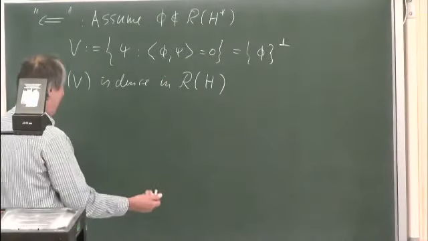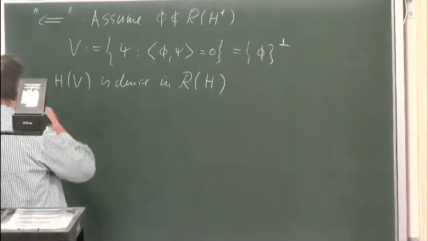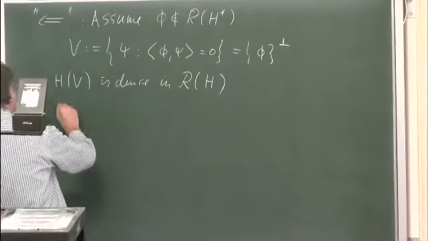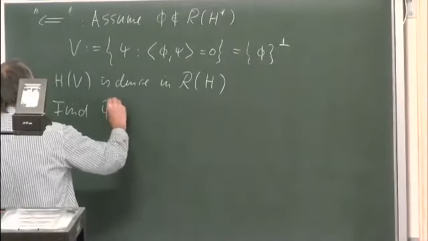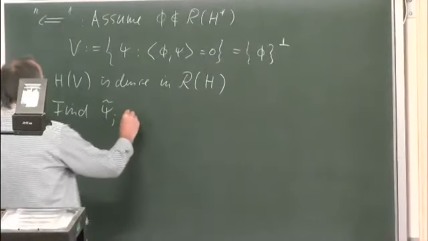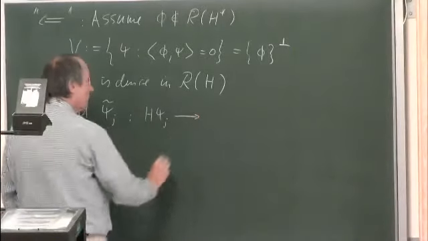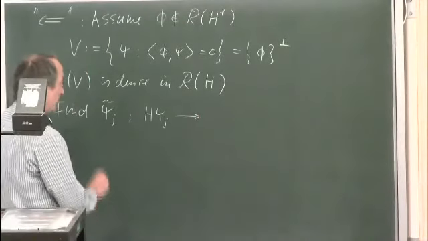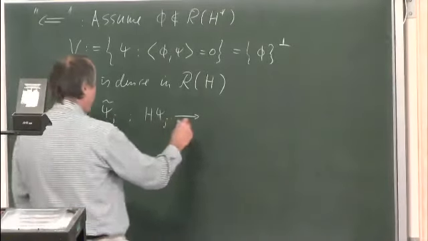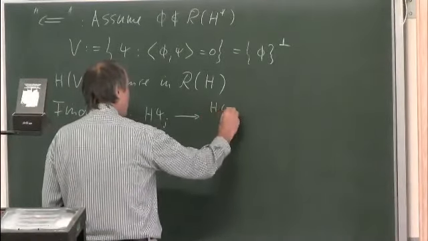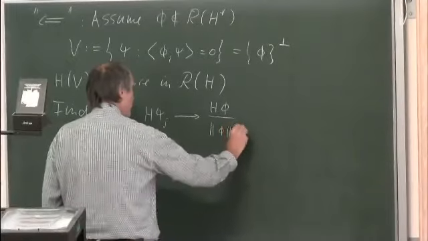And okay, now as we know that, how do we do that? Now we can find a sequence, say psi j, such that H of psi j converges to H of phi over phi square.